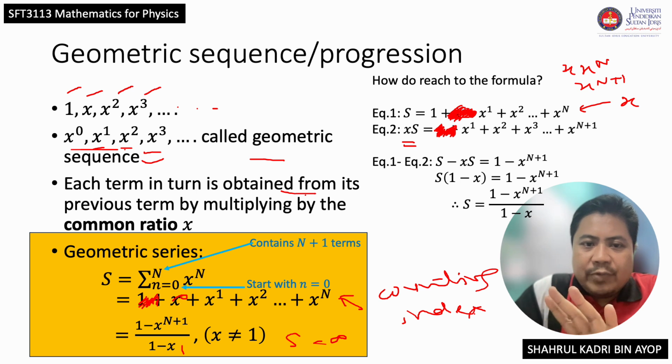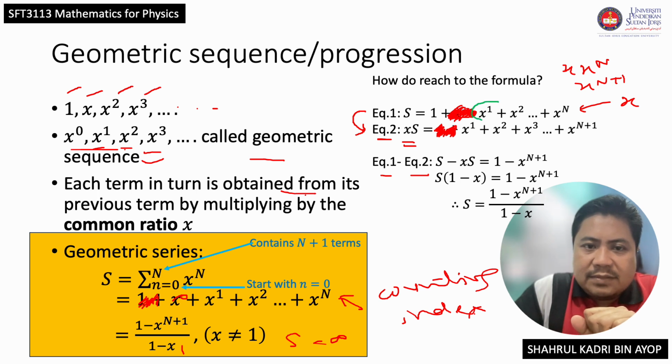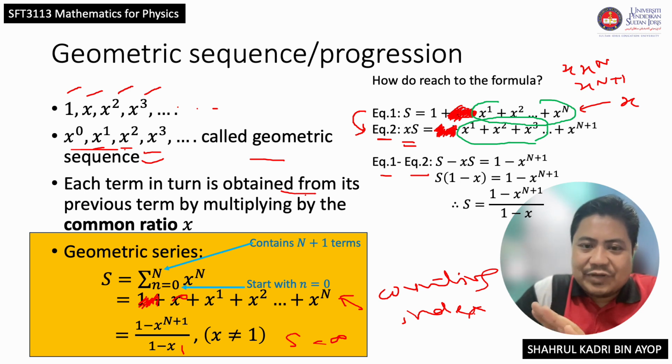So what we are going to do is subtract equation 2 from equation 1. That means equation 1 minus equation 2. So actually we can see that all of these terms get cancelled by this subtraction.